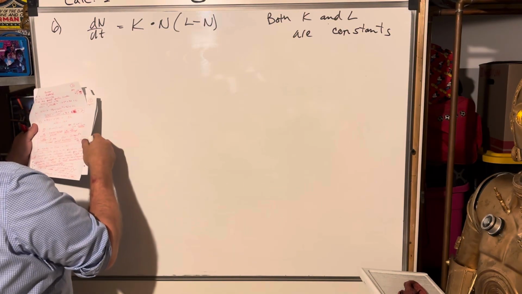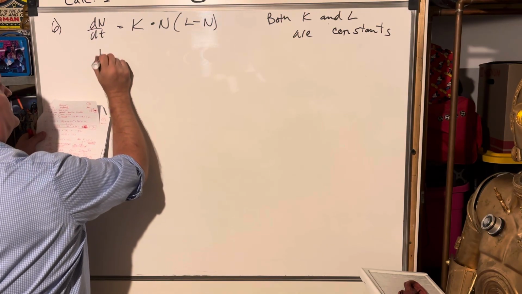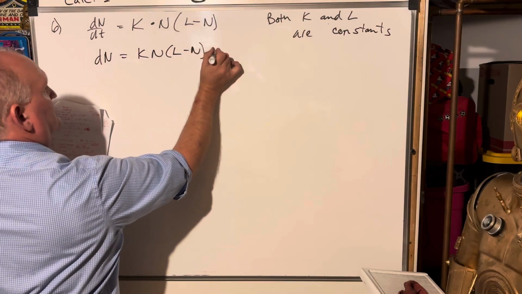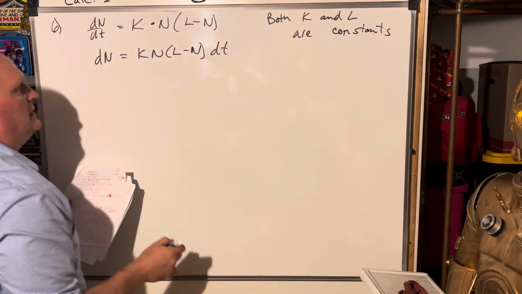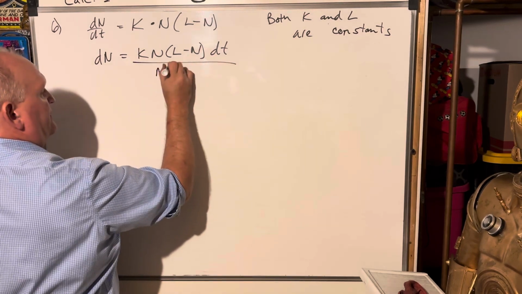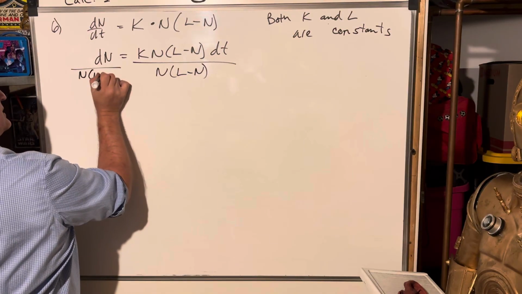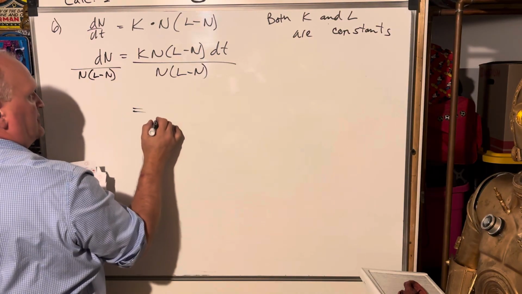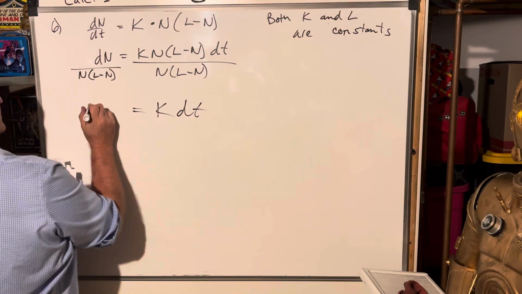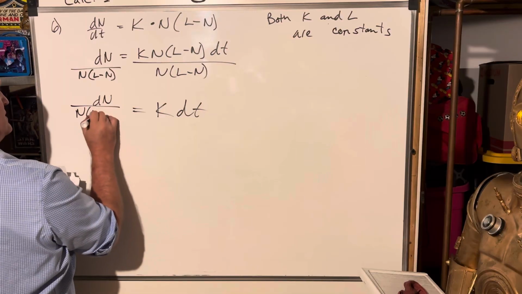All right, so now all we do is k N (L minus N) dt. And now we want all the N stuff over there. So all the variables with the N, you're going to get divided out. And this is where you need partial fraction decomposition. And we're not going to go over that on the last problem or the last review.